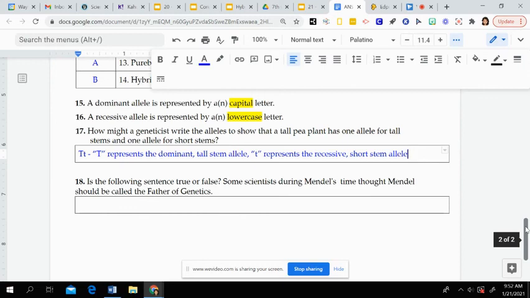So he was not called the father of genetics until after he had passed away. And these scientists kind of rediscovered his work and gave him credit for that after the fact. So this statement would be false. But he is known as the father of genetics. Unfortunately, he didn't get recognized while he was alive.